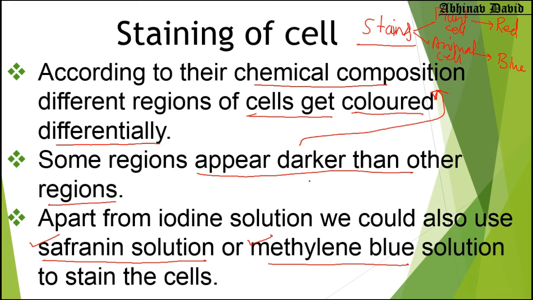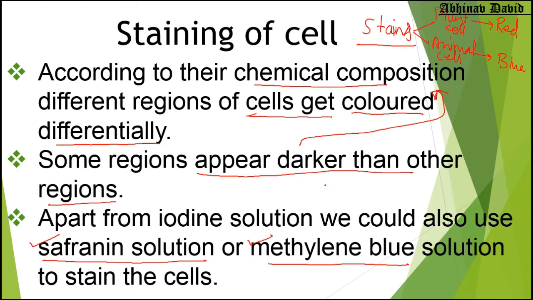I hope this topic is clear: staining is very important if we want to see the different parts of the cell. More will be clear when we do the practical in the lab, where you will see how the cells are stained and how they are visible under the microscope.